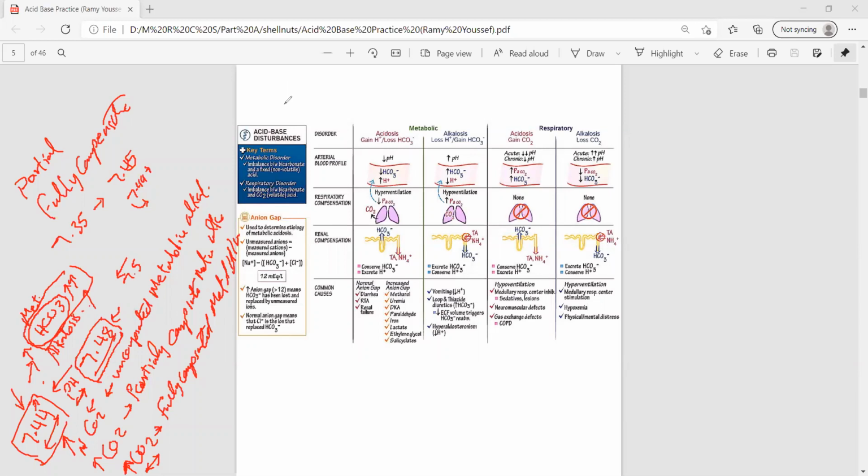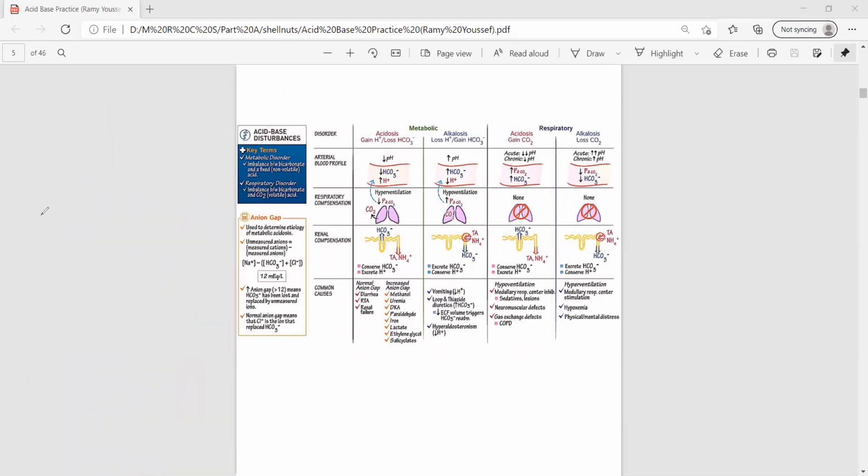I have another example. If I found pH is 7.48 and I found HCO3 28 and I found CO2 3.5. What do you expect here?